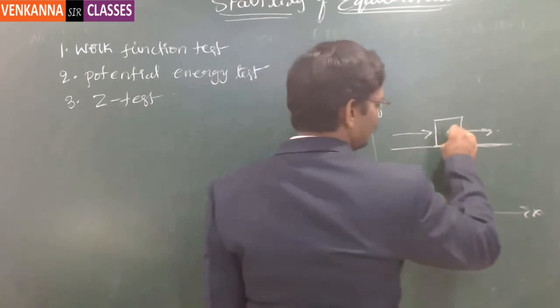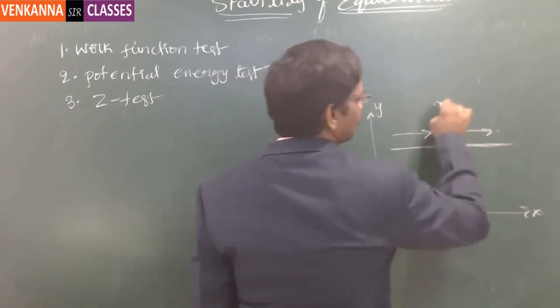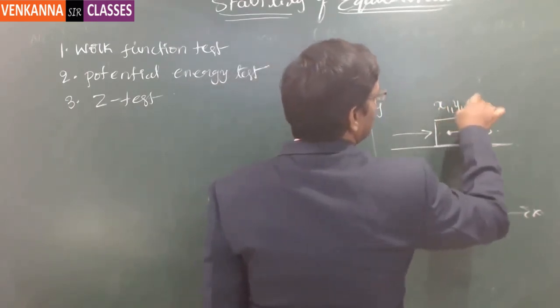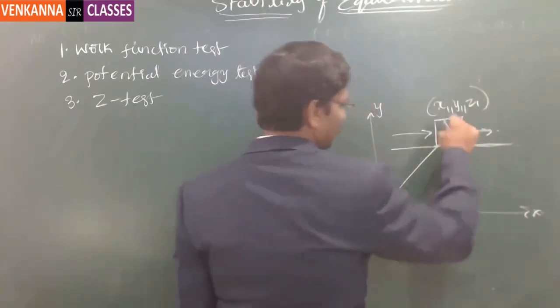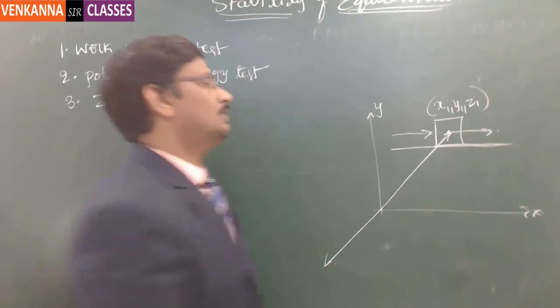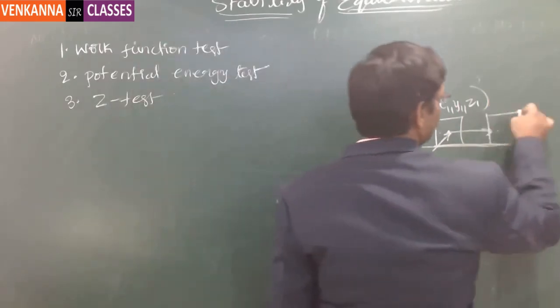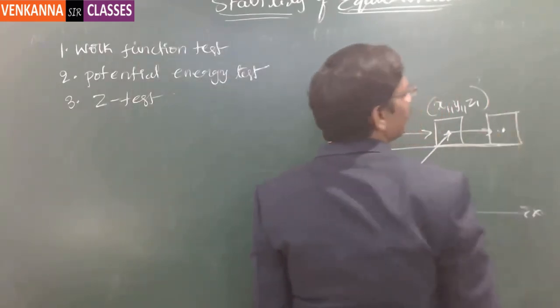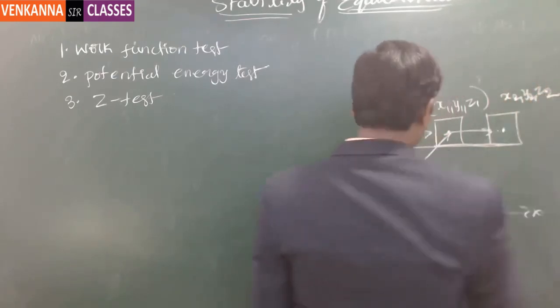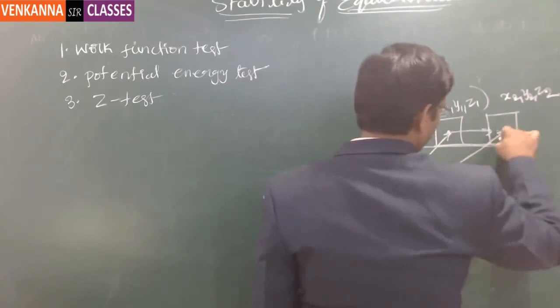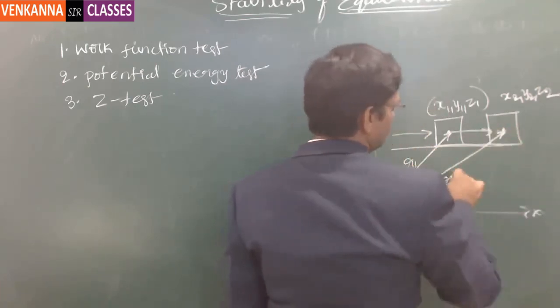This location, the center of gravity, let us say is the point x1, y1 and z1. This is the initial position vector. Now this is moved to a different location like this, where the center of gravity is x2, y2 and z2. This is the new position vector. So this is R1 and this is R2.